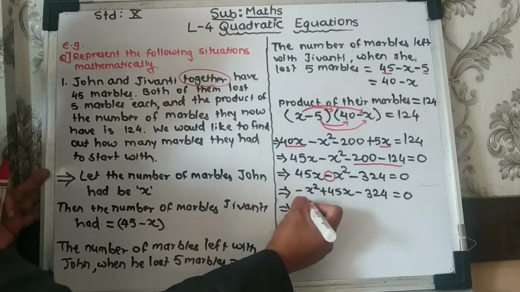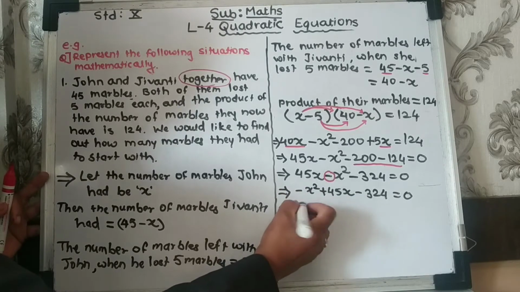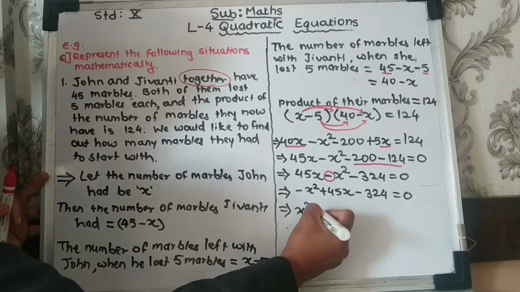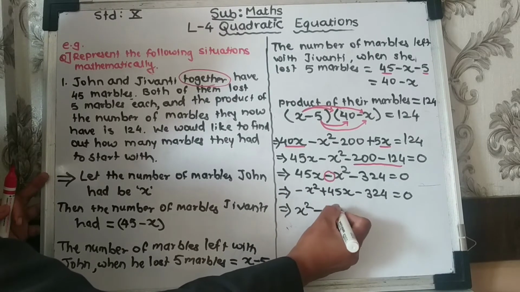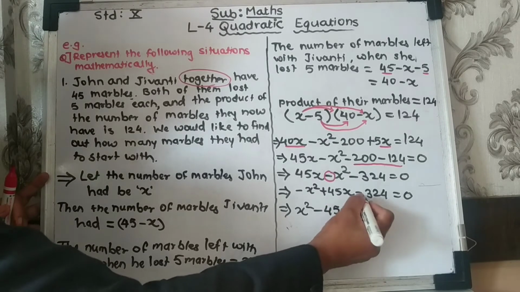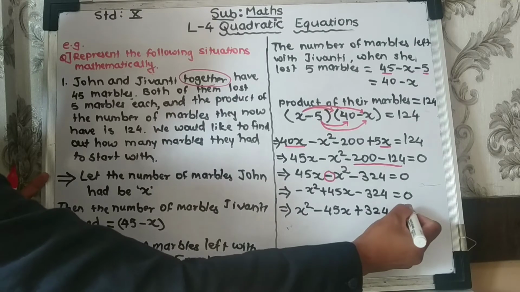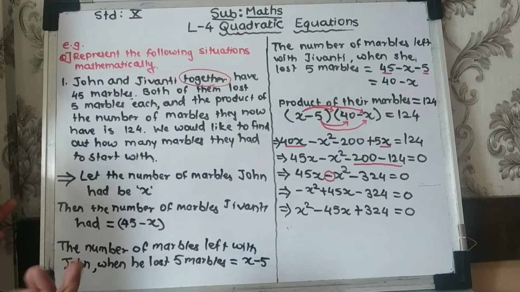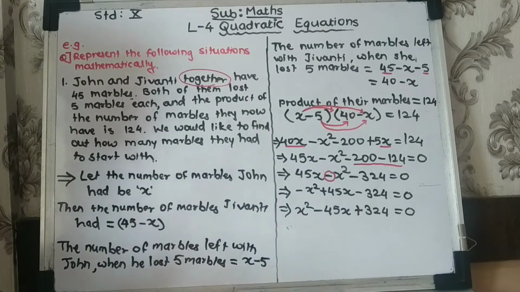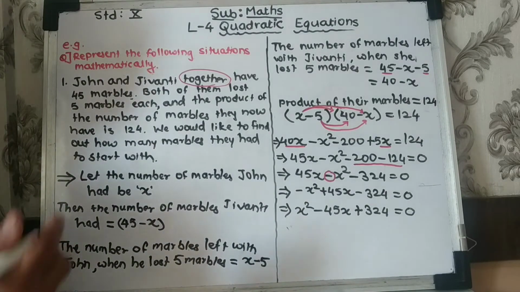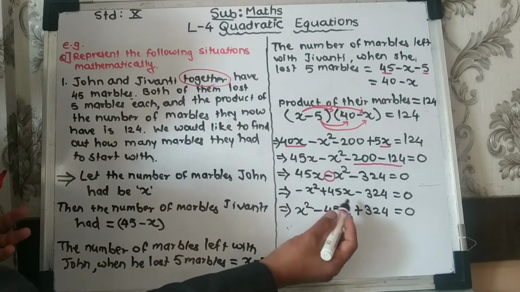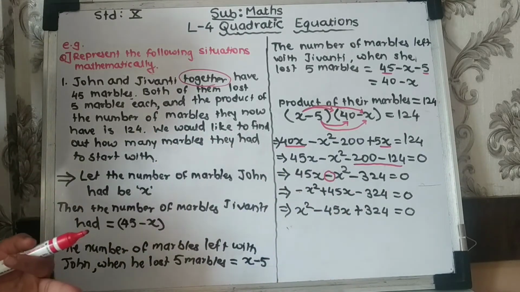So you just write it. When I multiply with minus 1, it becomes plus x square. Then this will change into minus 45x, and this one will change into 324 equals to 0 into minus 1, again 0 only. So if you cannot remember this, what you can do, directly change the signs to opposite signs, write it down.